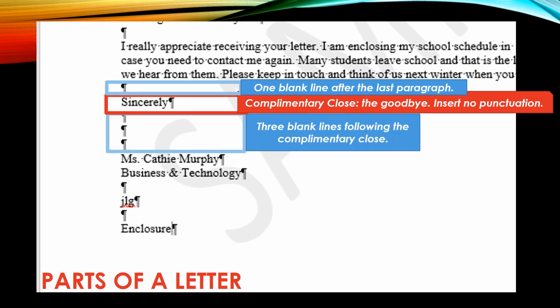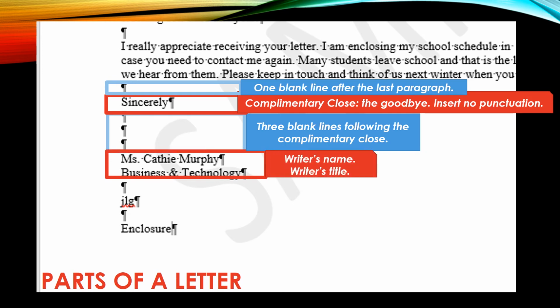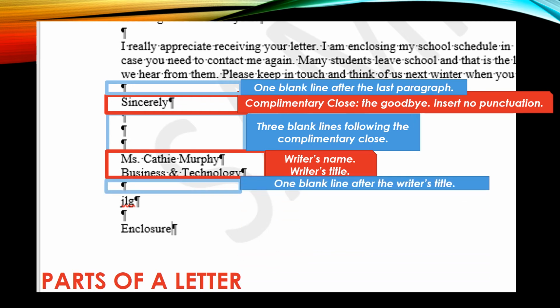Then you will leave 3 more blank lines after the complementary close. This is for the signature of the person who is sending the letter. In this case, it is coming from Ms. Kathy Murphy. Notice that the person has a writer's name and also a writer's title, followed by a blank line after the writer's title.